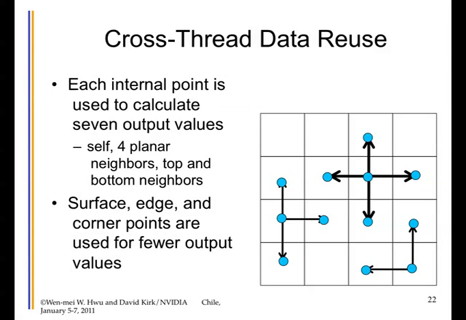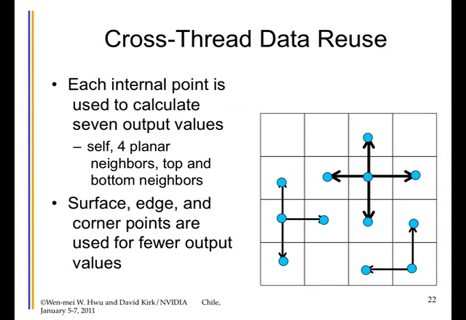All of the threads are going up at the same time. By adding barrier synchronization, we can make sure that they go up in lockstep, right? Remember those phases that we talked about for matrix multiplication? Here, we use barrier synchronization to make sure that all those threads in the block will process one horizontal plane and then do the next one, do the next one, do the next one.